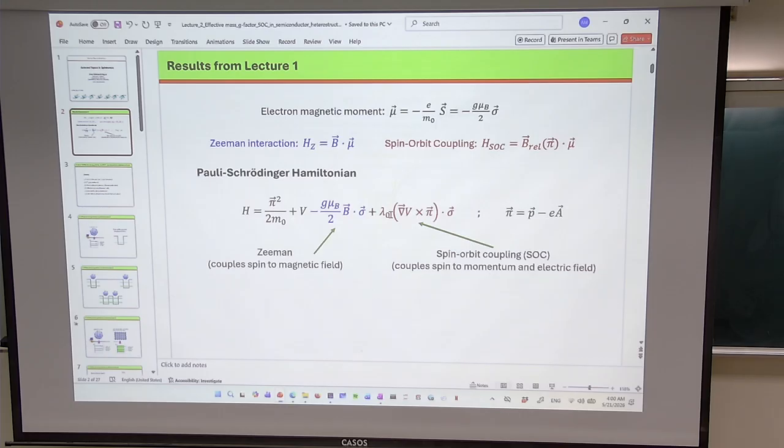So the story now is that when we have a material, these electrons are not electrons anymore, so we call them quasi-electrons, because they are interacting with all the other atoms and so on that you have in the material. And we will show that for the case of semiconductors, you actually get an equation similar to that one, but with all these values for the mass, the g, and the lambda renormalized with material properties.